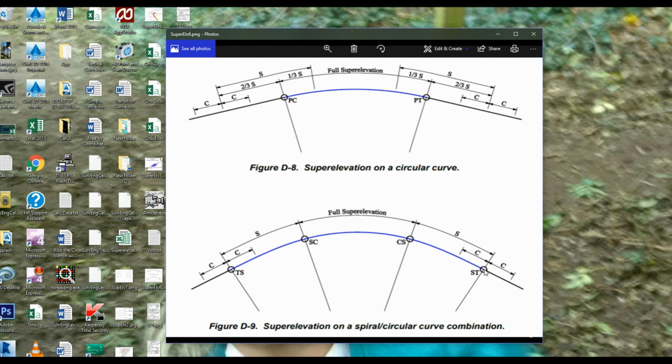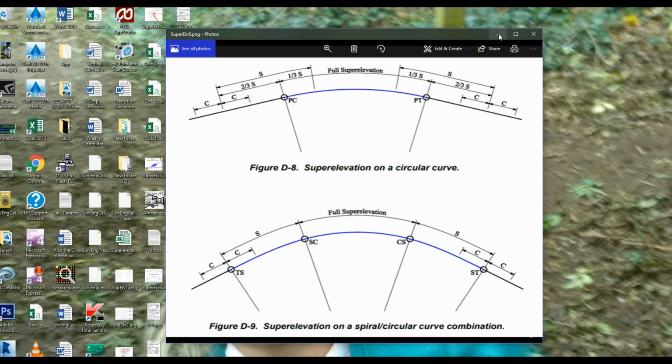I can add that value to the end chainage there, the spiral to tangent, that will give me the run out there, and then I can subtract the same distance from the spiral to tangent chainage to give me continuous crown. And that's it. Basically, that's how you would work out the chainages for a spiral curve.